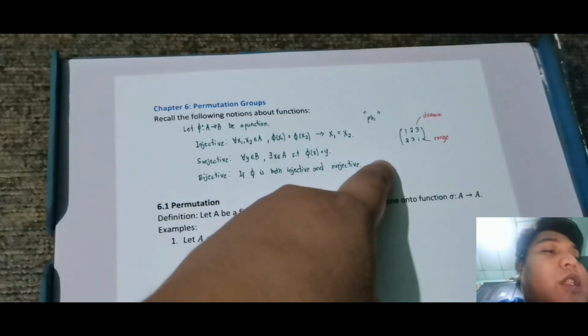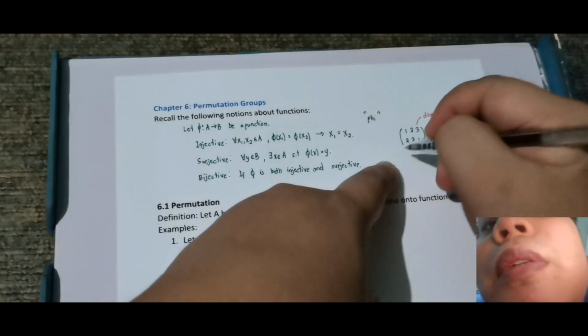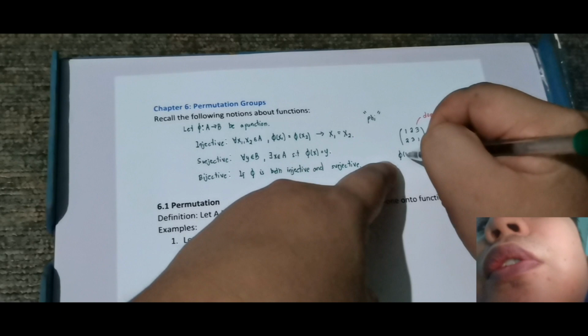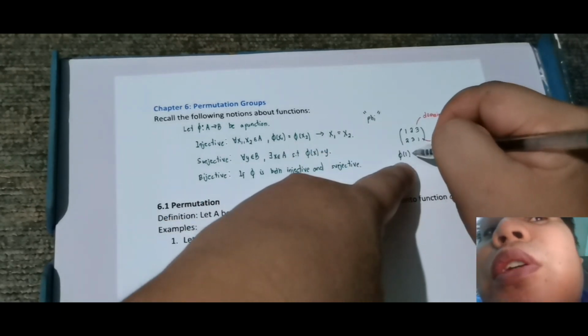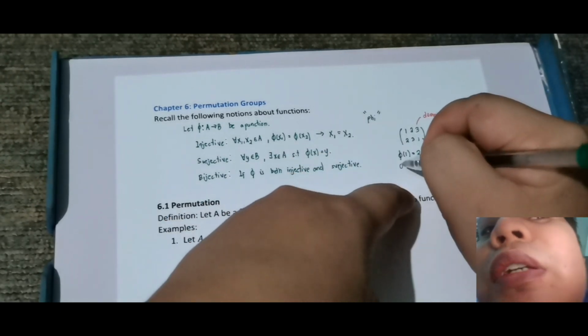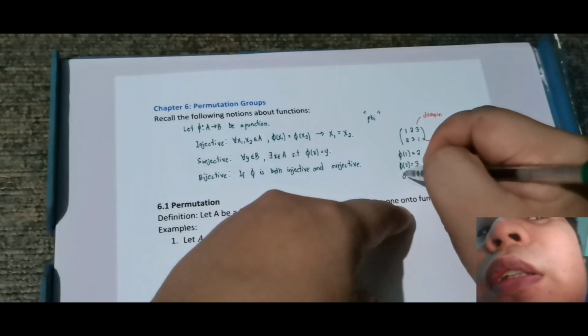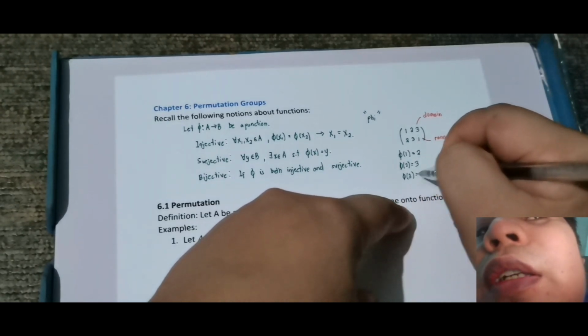Kung ipo-form natin siya into function, pwede natin sabihin na p of 1 is 2, p of 2 is 3, and p of 3 is simply 1.